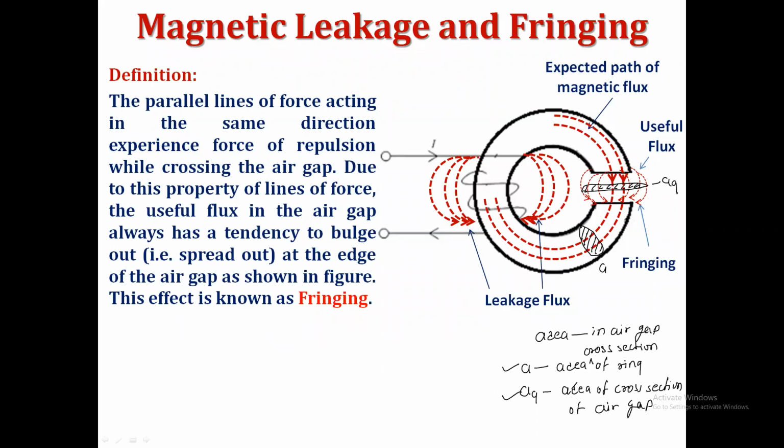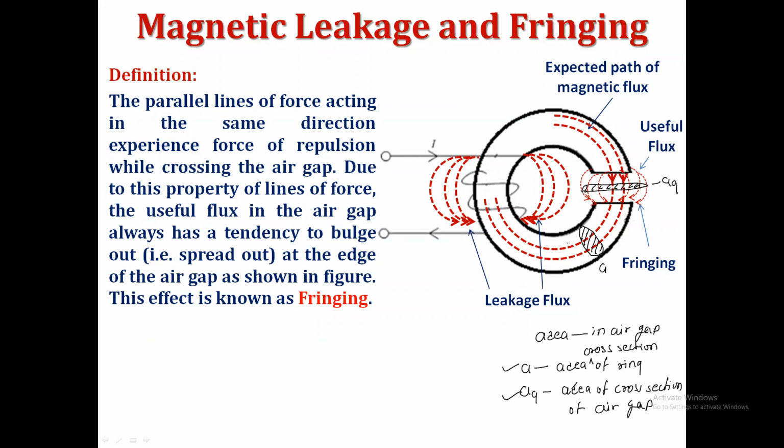Is the concept clear or not? If you say no, once again I will try to repeat. Can anyone explain what is meant by magnetic fringing? Can anyone try, so that I will get that acknowledgement? Otherwise I am always in confusion whether the students are getting the things or not.